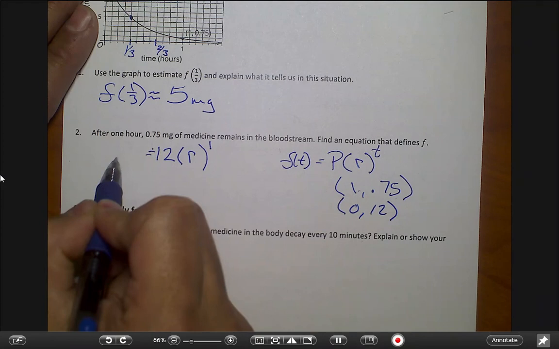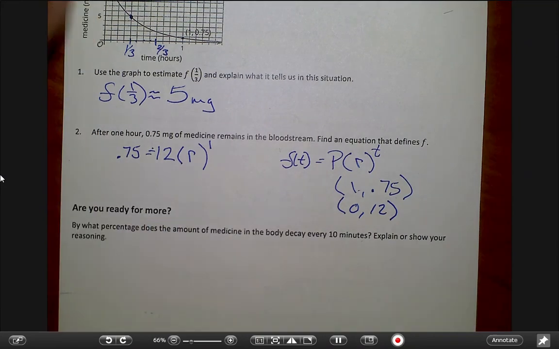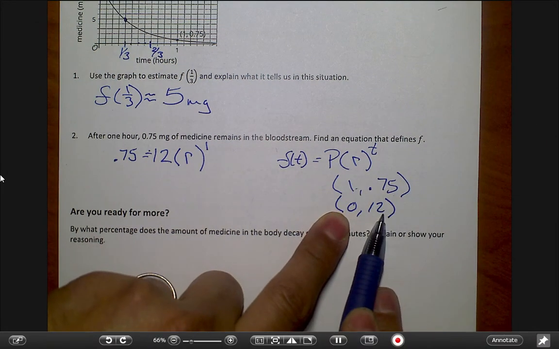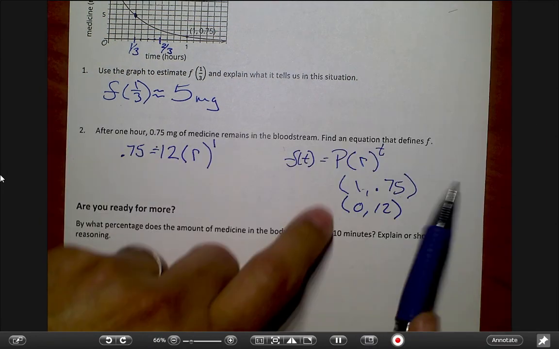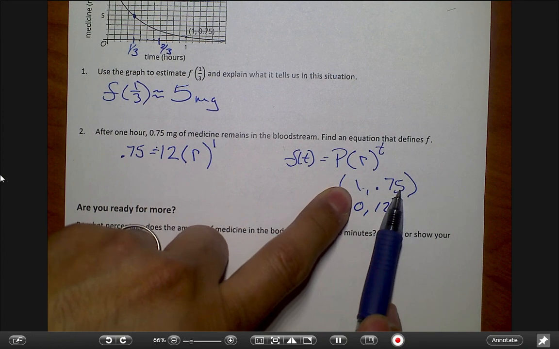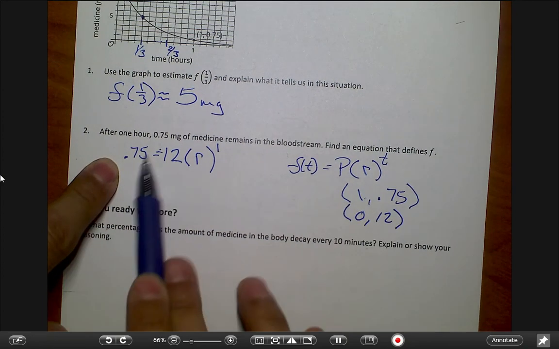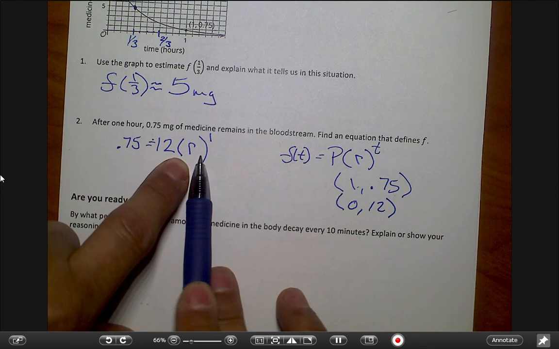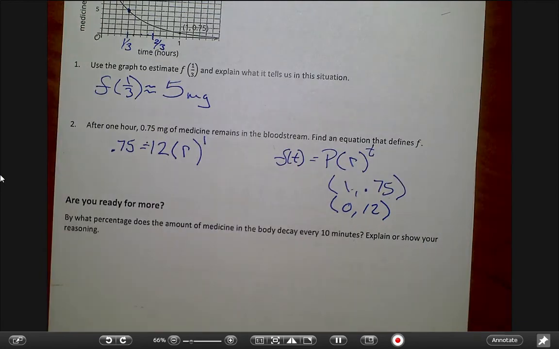It's going to equal 0.75 right there. We got this, right? I started with this as my initial, and I plugged in these two right here for my t and my f of t. Because I don't know what the r is, right? I could use this information to solve for r. So let's go ahead and do that.